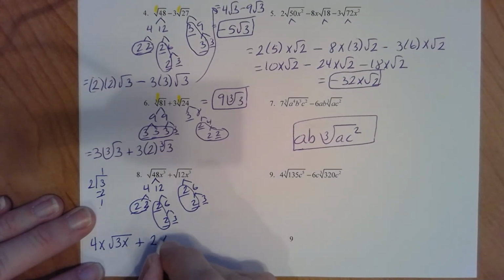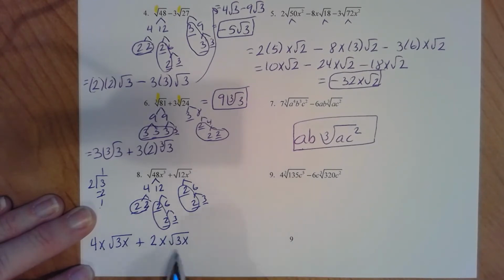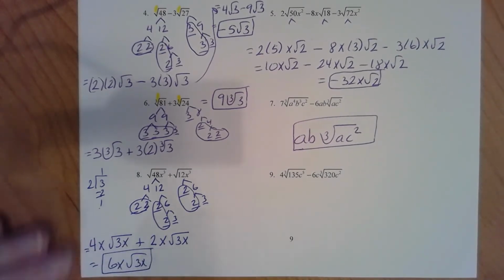So 2 comes out, and x comes out, and what's left underneath is the 3x. Those are like radicals, so now we can take the 4x plus the 2x, and we get 6x square root of 3x. So remember, when you're adding or subtracting, your radicals do not change. What's underneath stays the same. Outside, you add or subtract.